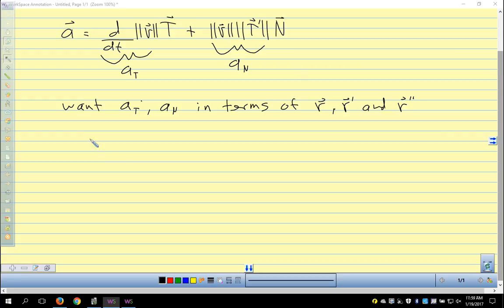And we're going to accomplish this by looking at v dot a, v cross a, and a dot a to come up with those expressions that we talked about in class.